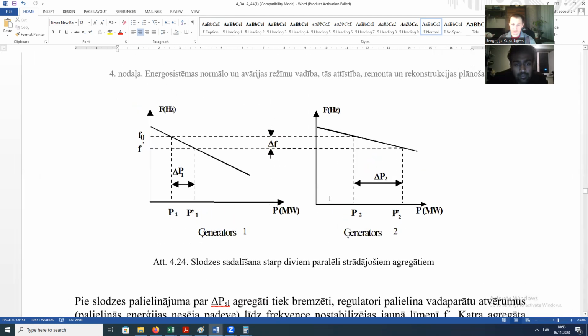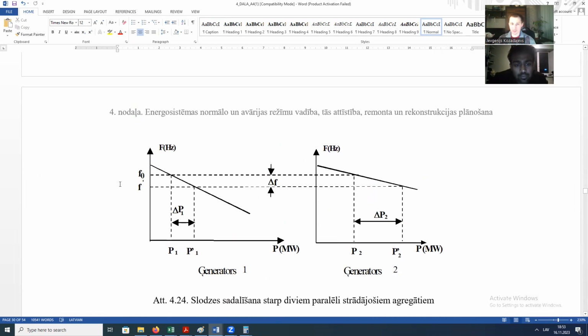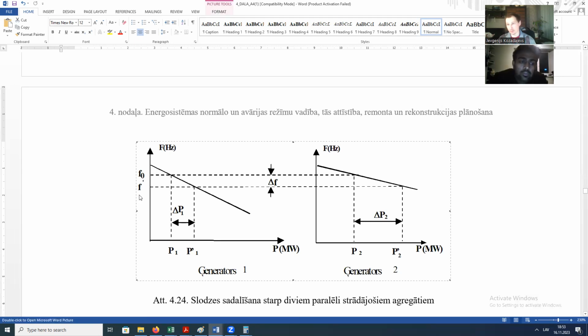Here you could see the system of 2 generators, the same drawing. The difference is that here we could see the frequency, not the angle speed, but the same, just not using 2 multiplied by pi. And here we have different curves, different angles for each curve, because of a different coefficient for each generator, for each power plant.